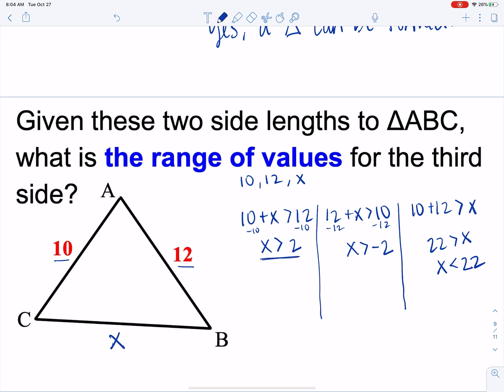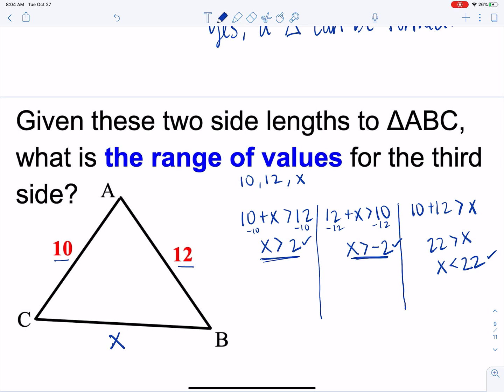So x has to be greater than 2. X has to be greater than negative 2. In order for us to form a triangle, all three of these have to be satisfied.